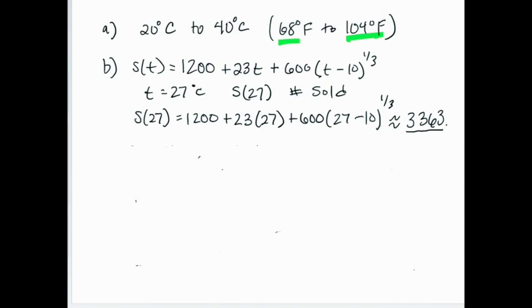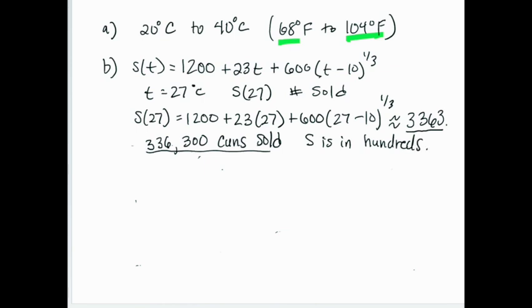So I would say that since S represents hundreds of cans, the number of cans sold is about 336,300. And that's because S is in hundreds.